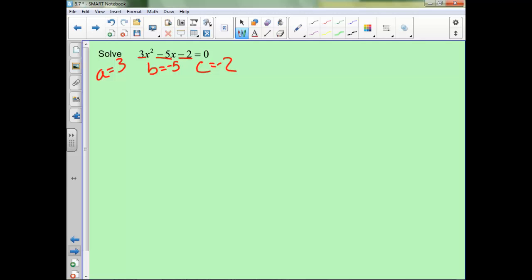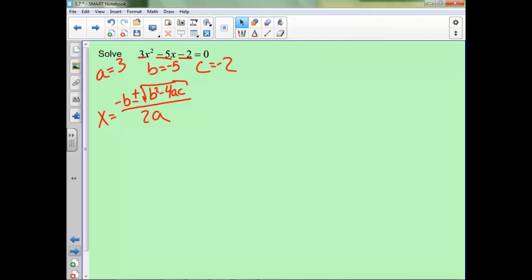Now remember, our quadratic formula is negative b plus or minus square root of b squared minus 4ac all over 2a.